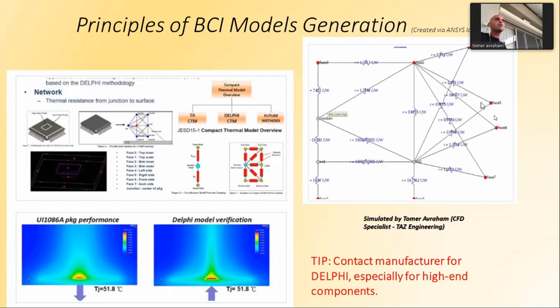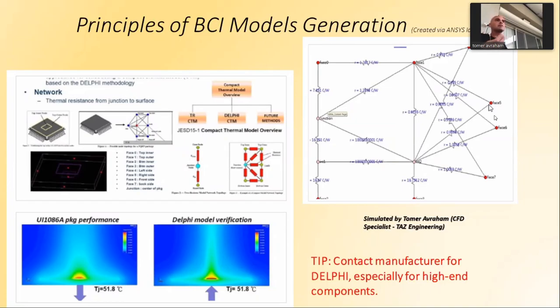What point is there to use a two resistors network, which means that, of course, you'll get a gradient on top of the chip, but it's not true. It's supposed to be isothermic. What point is there to do such a simulation?